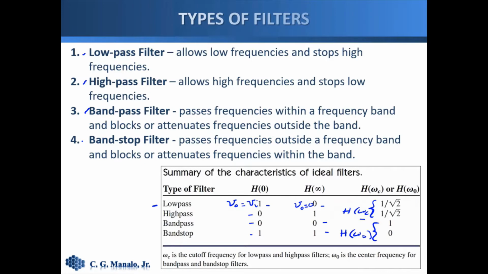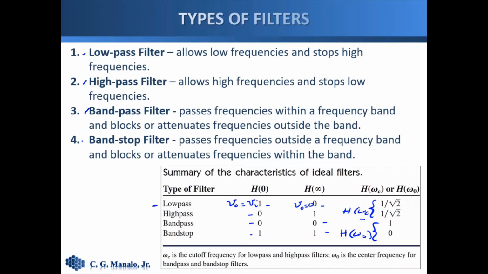For example, for a low pass filter, if you're above the cutoff frequency, that means the signal is considered blocked. For a high pass filter, that signal is considered allowed through the filter. Now for band pass and band stop filters, we have the center frequency.